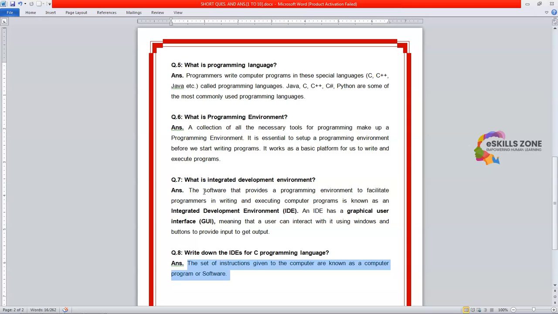The answer is Visual Studio, Xcode, Code Blocks, and Dev C++.